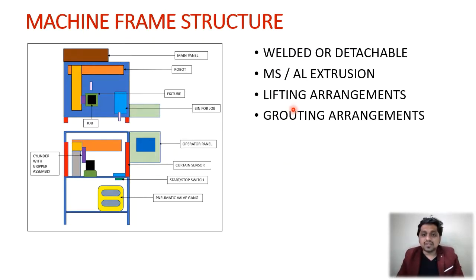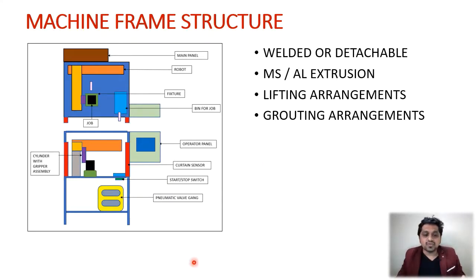Then lifting arrangements. Now this part is also very important, because after manufacturing of your machine it is required to be shipped from one place to another, right? So there should be some means available in order to move your machine. Also when the machine reaches your customer end, it has to be moved from one place to another.